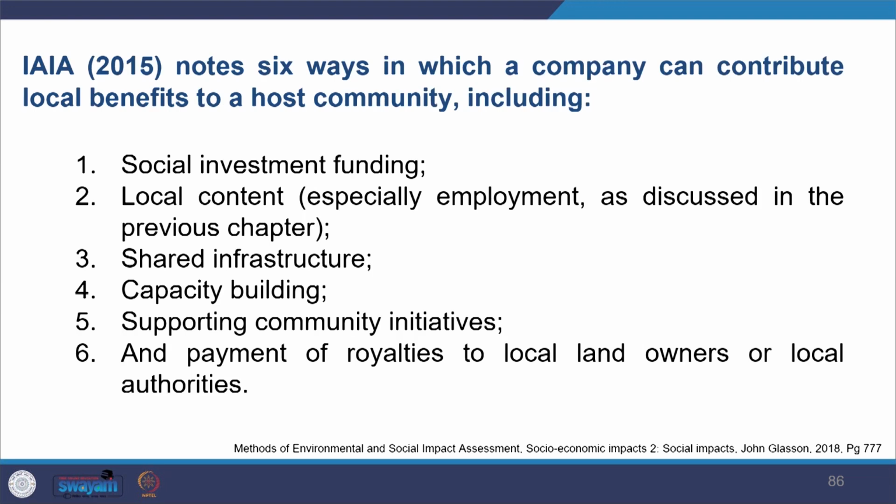You can also see IIA provides 6 ways in which projects can contribute local benefits to the host community. You can have social investment funding, you can create local content, especially employment, you can have shared infrastructure, capacity building and training support, supporting community initiatives with funding for them, and payments of royalties to local landowners or local authorities, making them shareholders in the project.